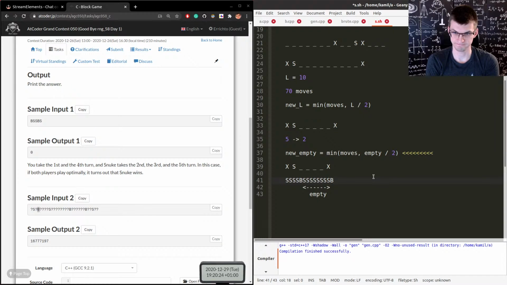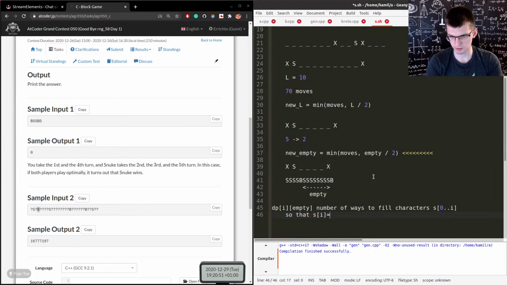Right, then one cubic solution will be for every position, if it's B, then dp of position I, assuming that it's B, and the number of empty cells, is the number of ways to fill characters s of 0 up to I, so that s of I is equal to B, and this given particular number of empty cells.